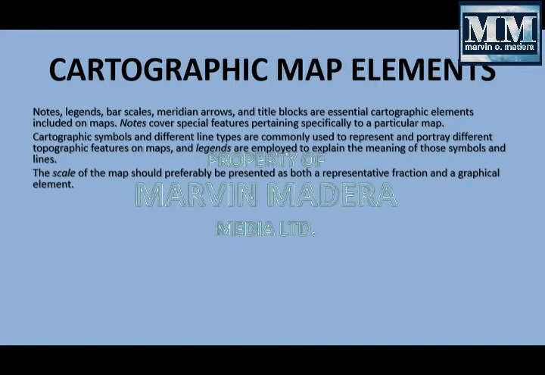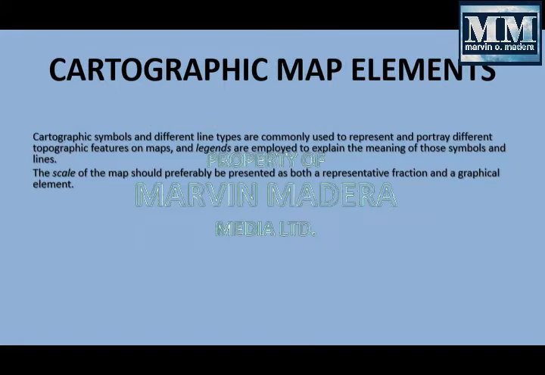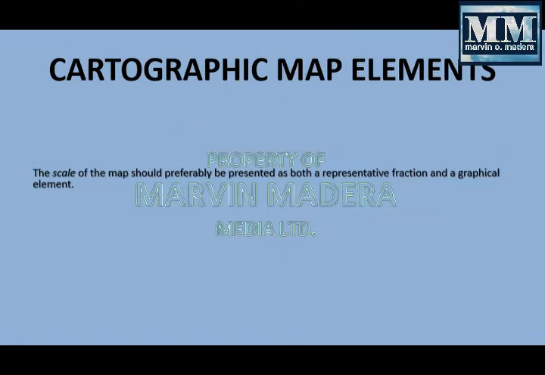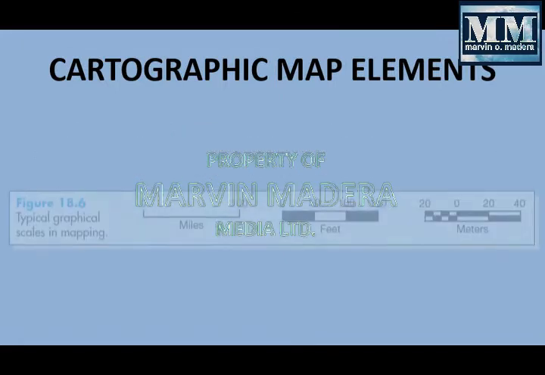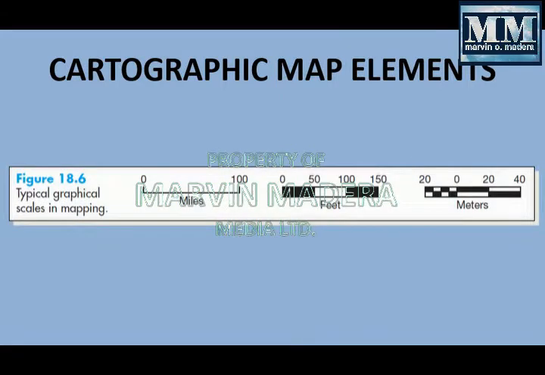The scale of the map should preferably be presented as both the representative fraction and the graphical element. Meaning for this scale, the scale was represented like this. So we have here the equivalent line of the map. When you measure that in the actual map, that would be the representation of the true distance by using the scale.